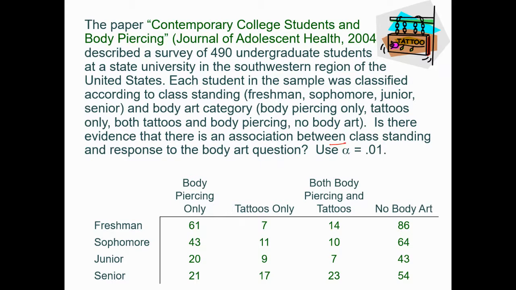So when you read a problem and it says that there is an association between, that is telling you to test for independence. That's what that's telling you.